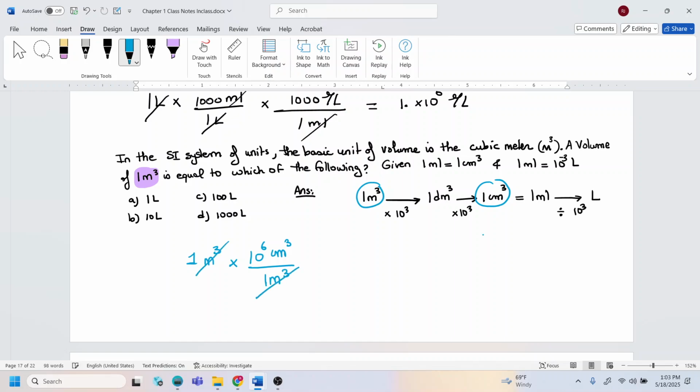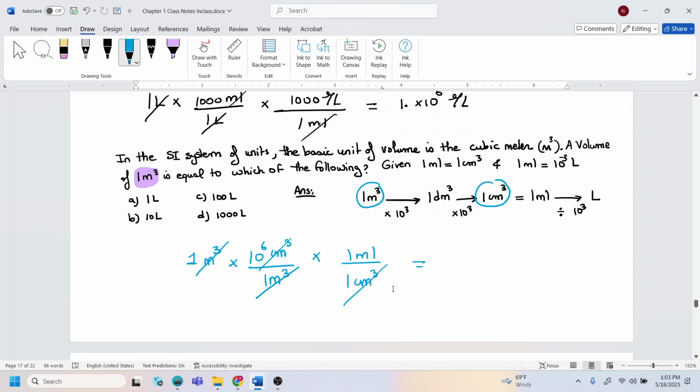So now I introduce the centimeter cubed. Now I want to change the centimeter cubed into a mil, knowing that 1 centimeter cubed is equal simply to 1 mil. So here I change it into 1 milliliter. And then I want to change the mil into a liter. Why? Because my answers are in liters. If my answers were in mils, I'd stop here.